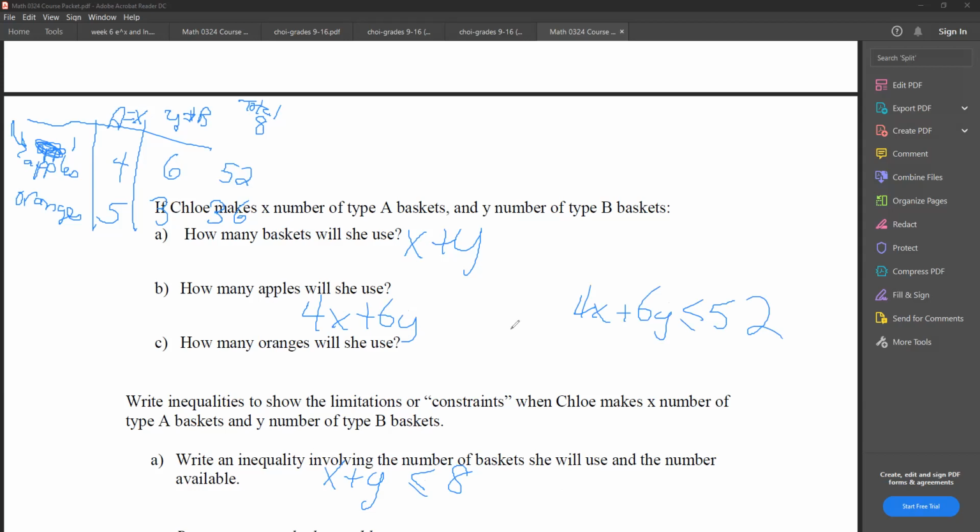And the oranges would be, reading across the row, 5X plus 3Y, less than or equal to 36. So the chart can help you set up those inequalities so that they're not so difficult. Now, I'm sure we're going to add slack variables to turn them into equalities.